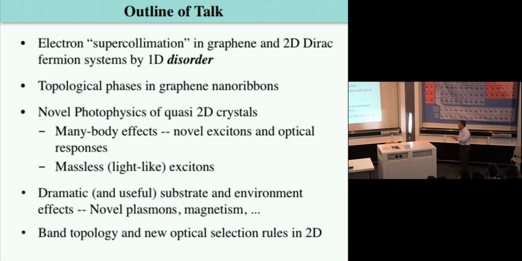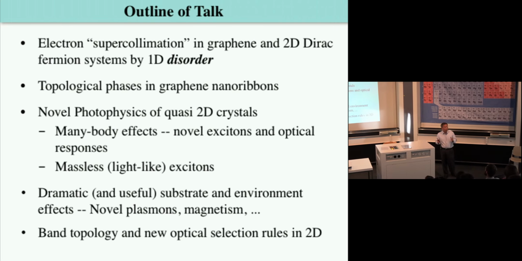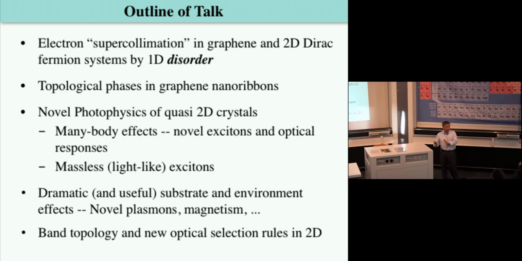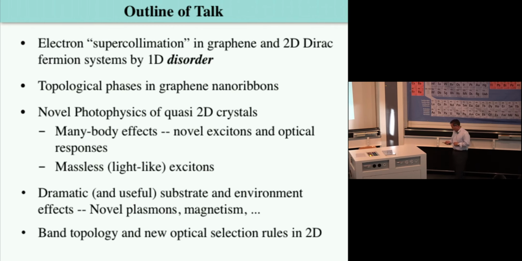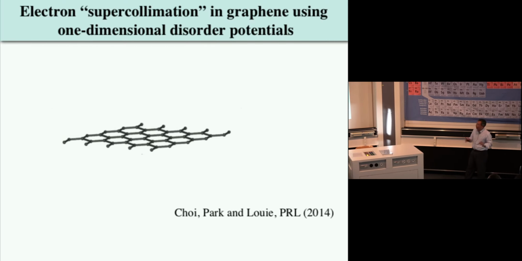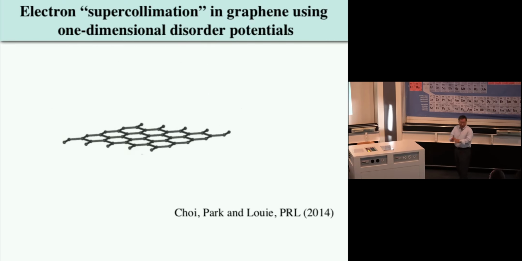And then if I have time, I am going to talk about some really new unpublished work that we have done on how band topology in 2D materials could completely alter the optical selection rules of 2D materials from those of conventional semiconductors. I hope I have time to go through them, but if not, I could just stop somewhere.